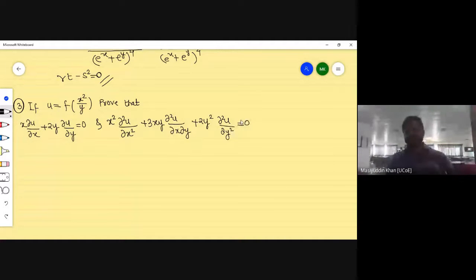So these two things we have to do in this numerical, and according to that we can simplify and will definitely get the result, or whatever the proof is given we will definitely get. One by one we have to apply, that is our solution of this numerical.